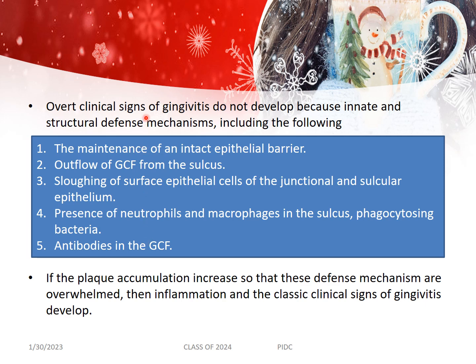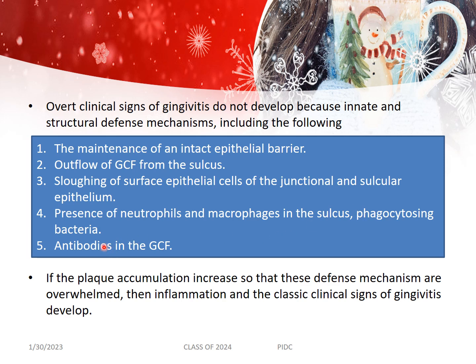Clinical signs of gingivitis don't occur even in people having a good amount of plaque, due to the maintenance of an intact epithelial barrier, outflow of GCF from the sulcus, sloughing of the surface epithelial cells of the junctional and sulcular epithelium, presence of neutrophils and macrophages in the sulcus phagocytizing the bacteria, and the antibodies in the GCF.